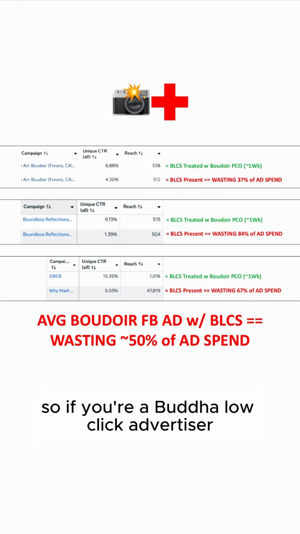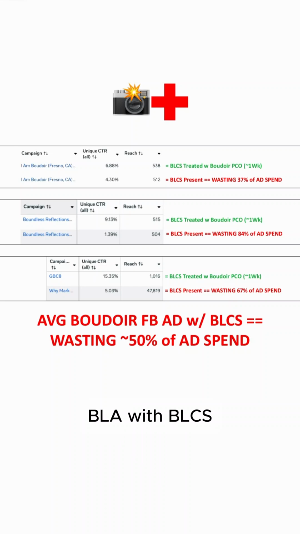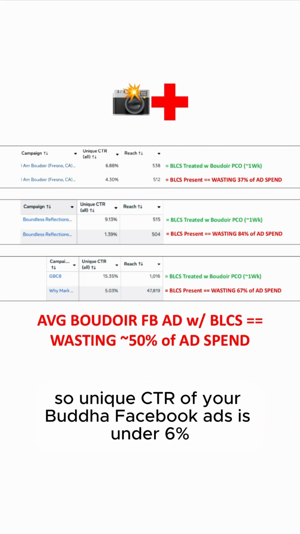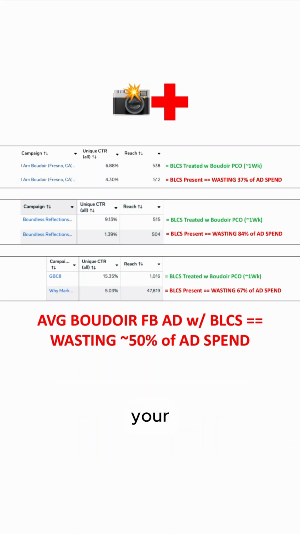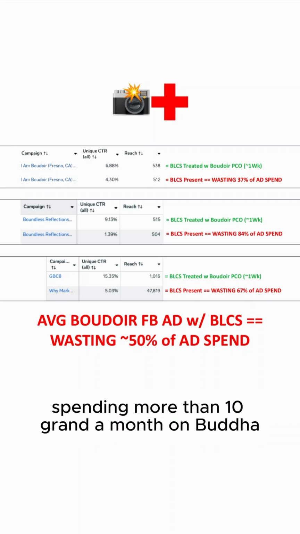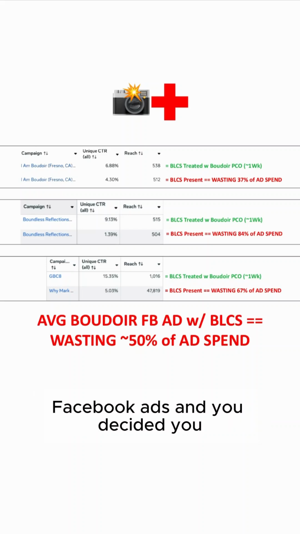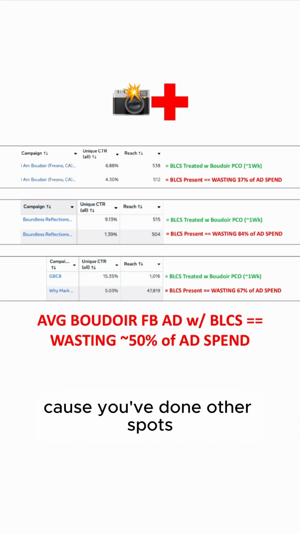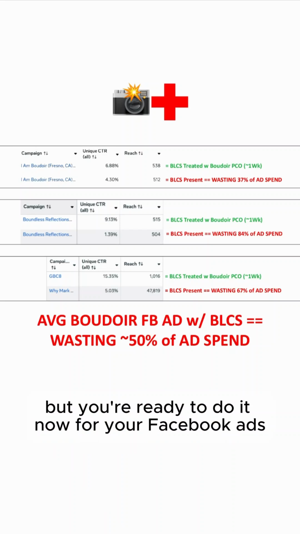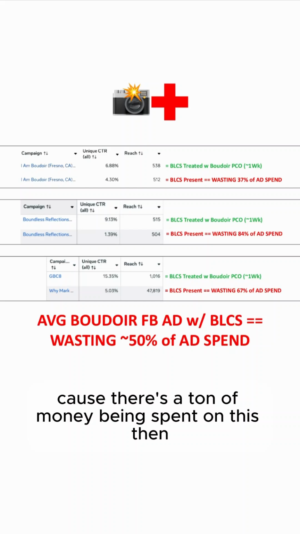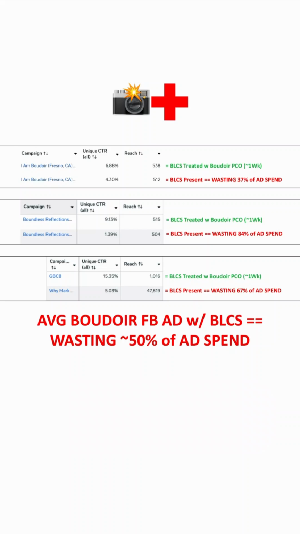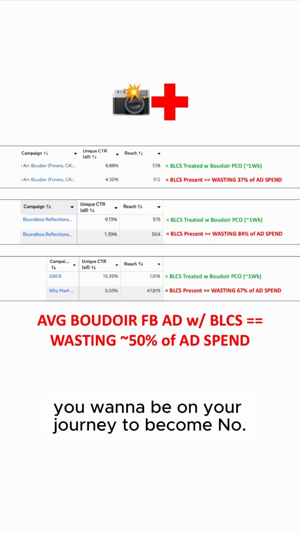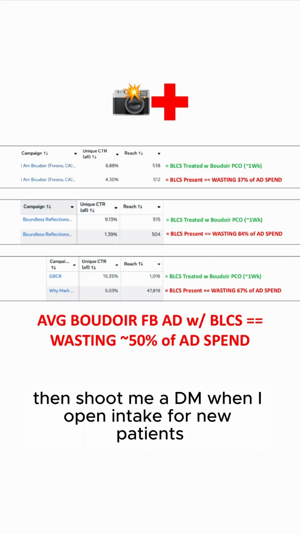So if you're a boudoir low click advertiser, BLCA, with BLCS, so unique CTR of your boudoir Facebook ads is under 6%, and you're spending more than 10 grand a month on boudoir Facebook ads, and you decided this is where you need to pull the next optimization, the next profit out of the business, because you've done it in other spots of your business, but you're ready to do it now for your boudoir Facebook ads because there's a ton of money being spent on this, and you want to be on your journey to become the number one boudoir photographer in your city, then shoot me a DM when I open intake for new patients.